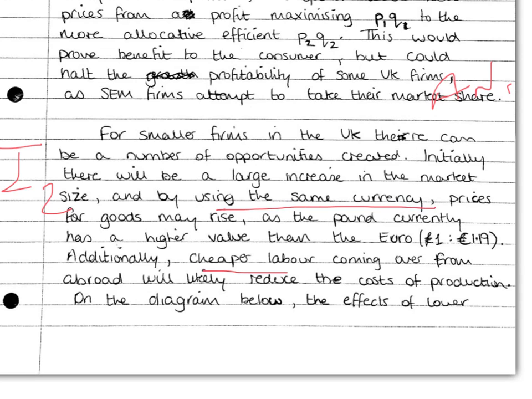I think your point about cheaper labour is valid, and it could be developed as a point for firms being able to access lower cost labour. Okay, so there might be some analysis there, but again, the confusion between Eurozone and SEM.